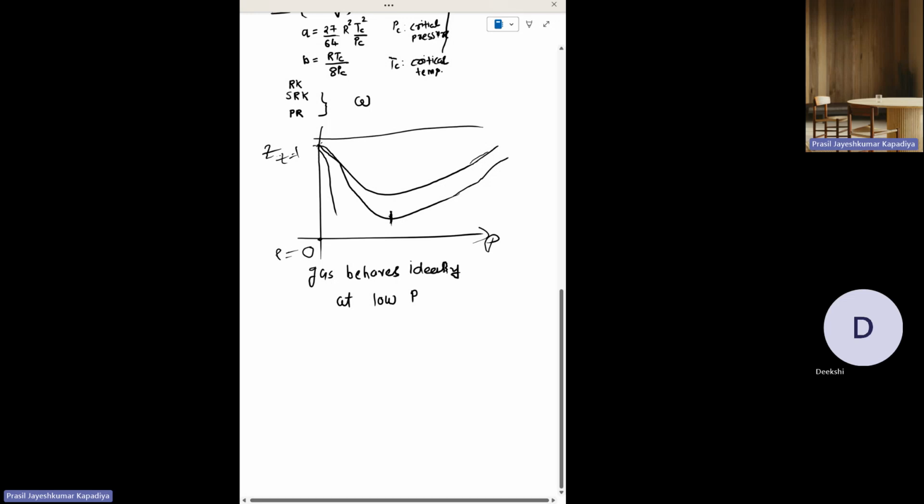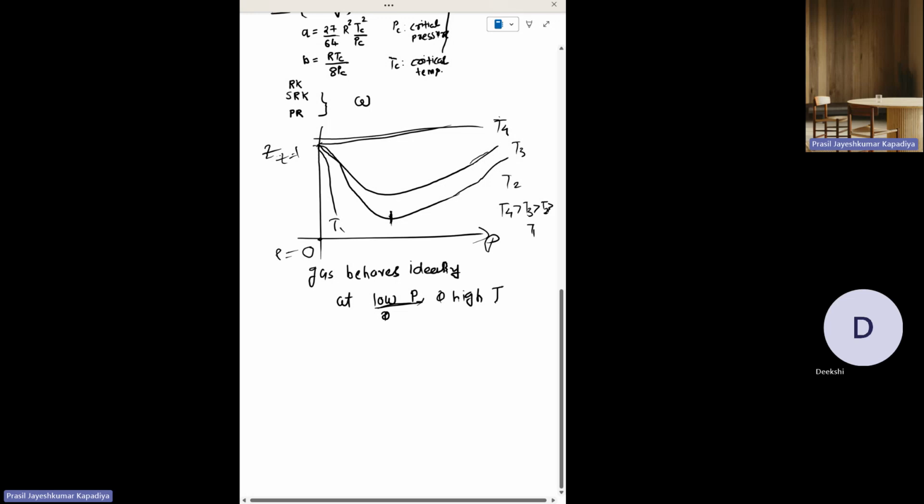These curves are for temperatures T1, T2, T3, and T4, where T4 is greater than T3, greater than T2, greater than T1. So the gas behaves ideally at low pressure and high temperature. Whether there is a high temperature condition or a low pressure condition, the gas behaves ideally.